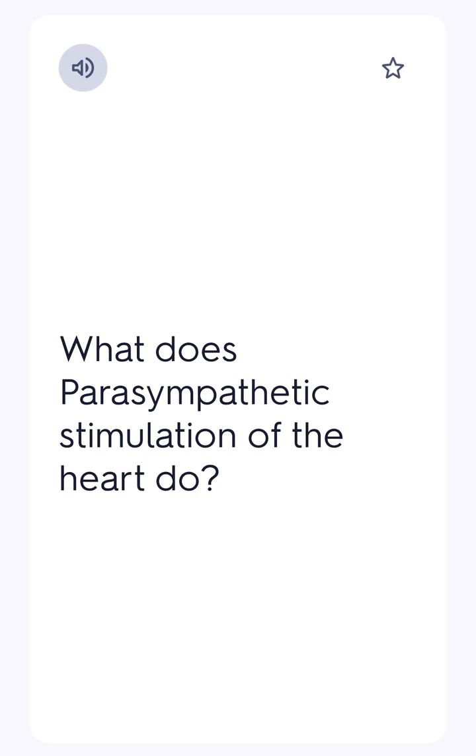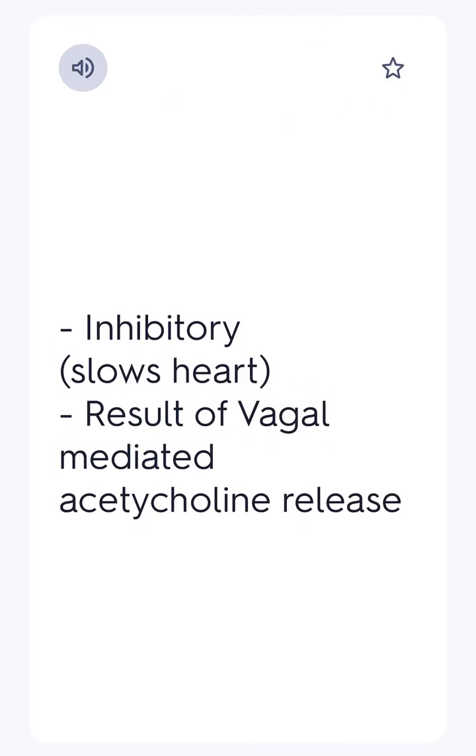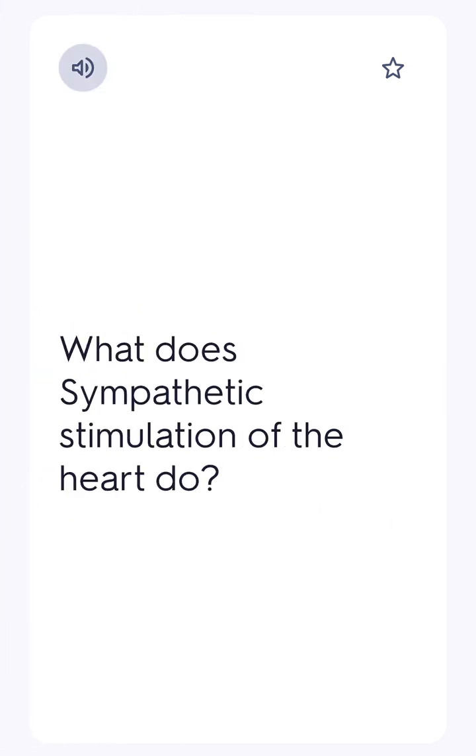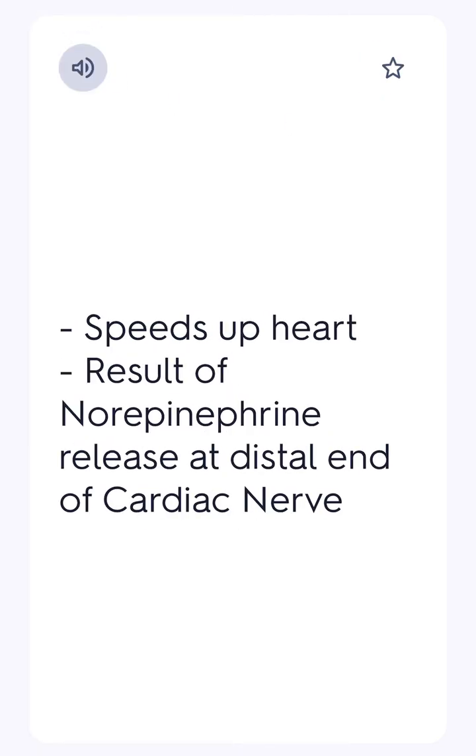What does parasympathetic stimulation of the heart do? Inhibitory, result of vagal-mediated acetylcholine release. What does sympathetic stimulation of the heart do? Speeds up heart, result of norepinephrine release at distal end of cardiac nerve.